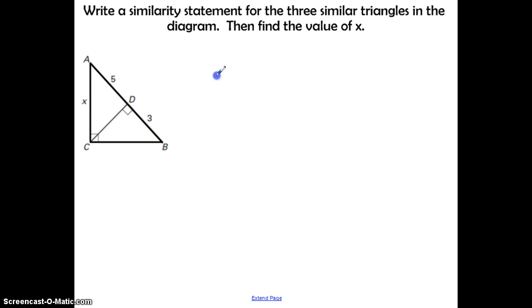In this problem, it asks us to write a similarity statement for the 3 similar triangles in the diagram, then find the value of x. So the very first thing, again, in order to see them a little more clearly, we're going to separate out the 3 triangles.